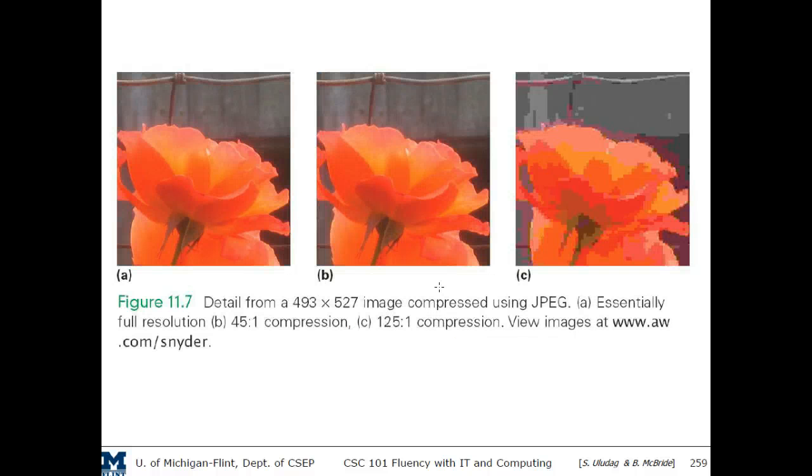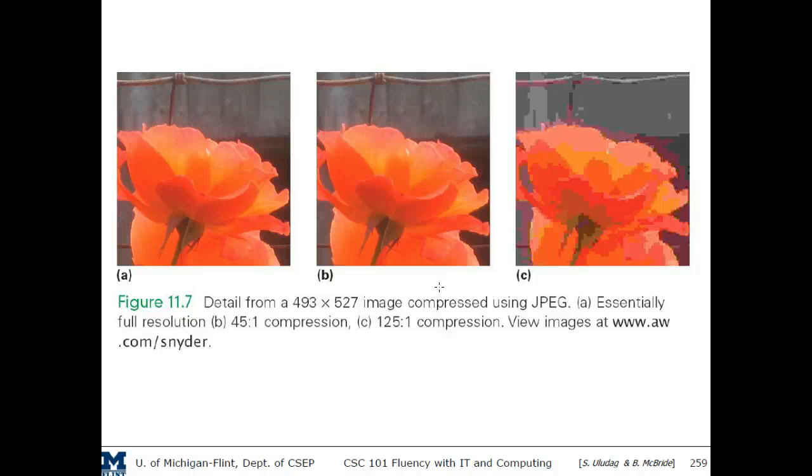To illustrate this, let's take a look at 3 examples. The first one is A, and that is a full resolution image of a flower. B is a 45-to-1 compression, where we can hardly notice a difference between A and B. And yet C is a 125-to-1 compression ratio, and we can certainly see through pixelation that the image is noticeably different from the original.